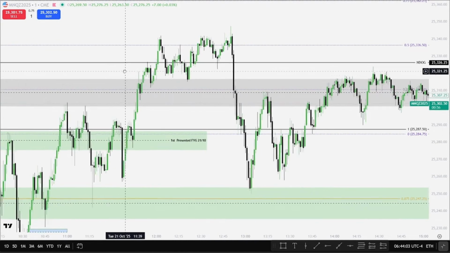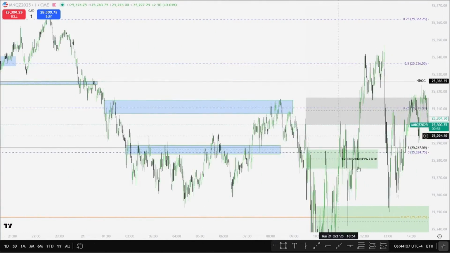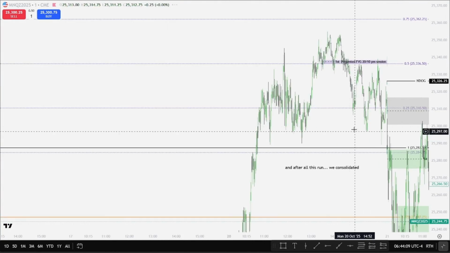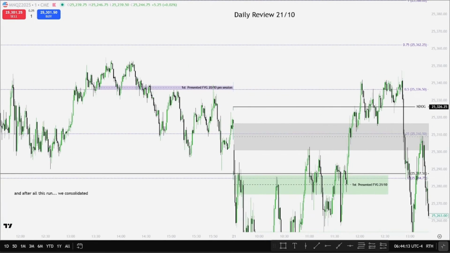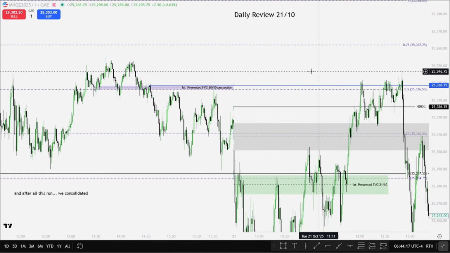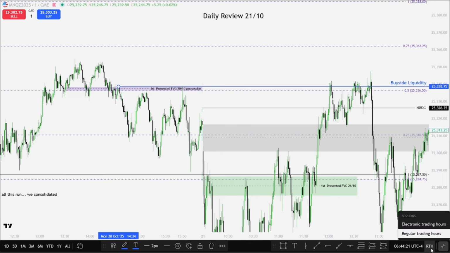So then we went up there, we cleared it. If you go to regular trading hours, look at that. This you don't see in electronic trading hours.